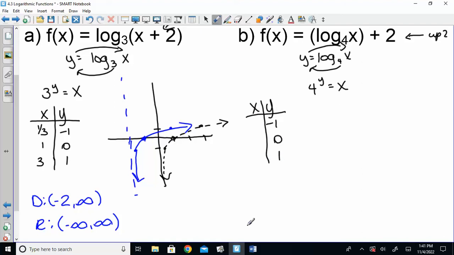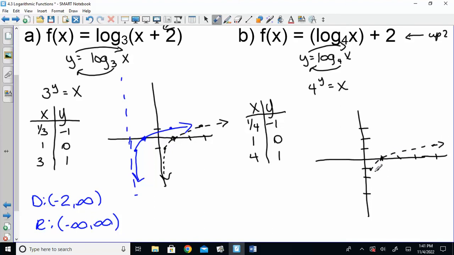So plug in -1, 0, and 1 for your y. 4 to the -1, 1/4. 4 to the 0 is 1, and 4 to the first is 4. So 1/4, -1, 1, 0, 4, 1.